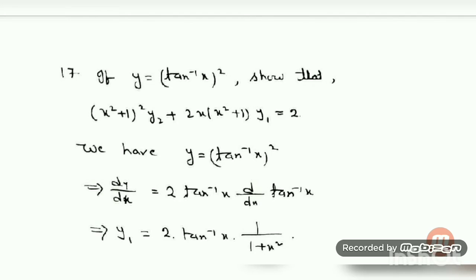Okay. Now I go to the next question, number 17. Your question number 17 is y equal to (tan inverse of x) whole square. Show that (x square plus 1) whole square into y2 plus 2x (x square plus 1) into y1 is equal to 2.